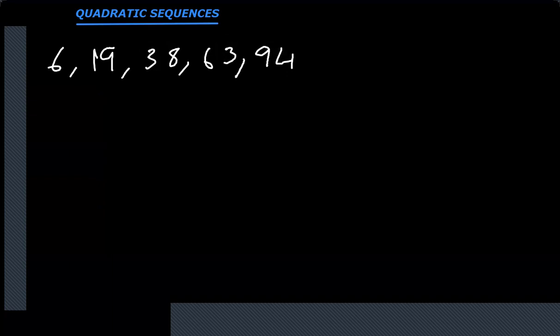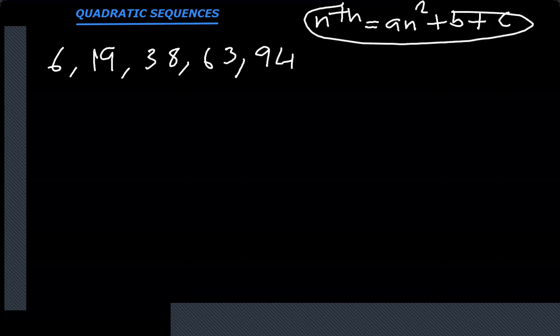That's our quadratic sequence. Now, all quadratic sequences, just like quadratic formulas, have a general formula: the nth term is equal to an squared plus bn plus c. They all have that general formula.